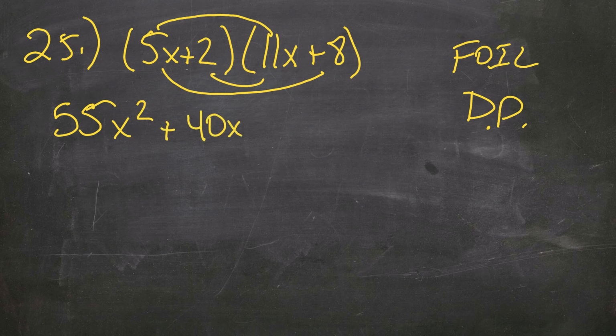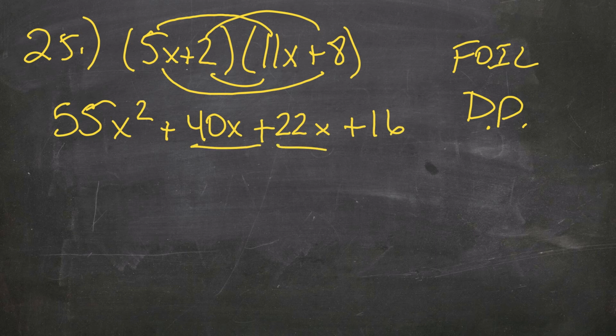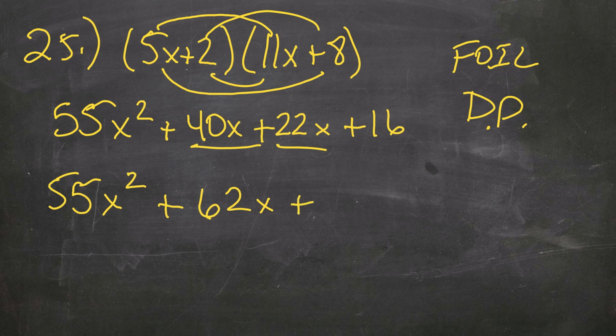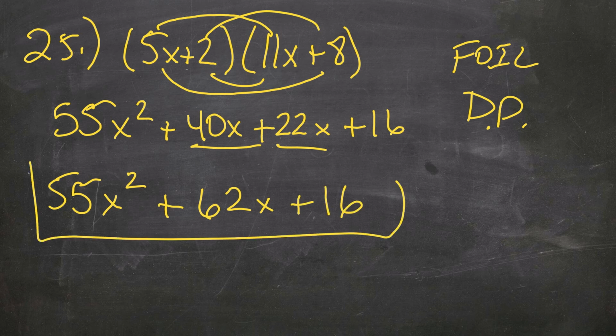The inside is 2 times 11, that's plus 22x. And then the last is 2 times 8, that's 16. Combine my like terms, 40 and 22 becomes 62x. There's nothing to combine x squared with. And there's nothing to combine 16 with. So that's your final answer right there. And that's all there is for 25.